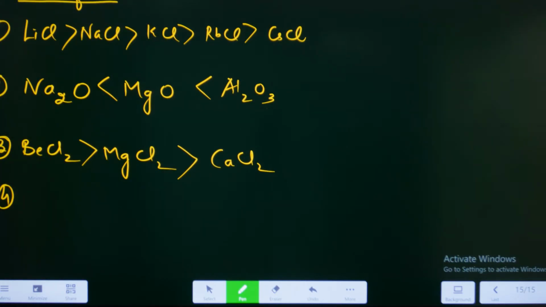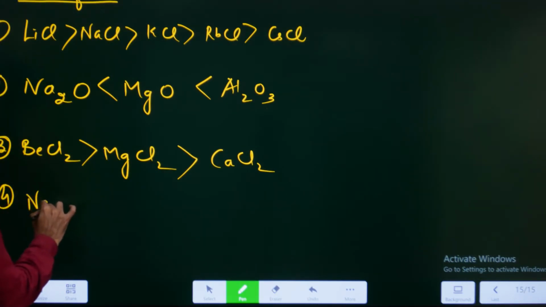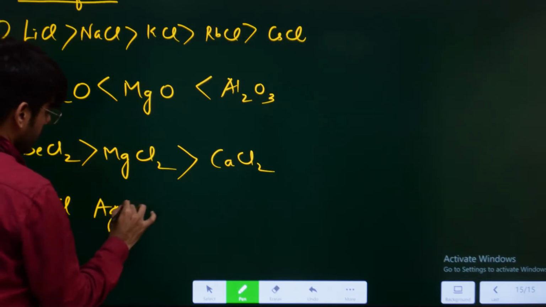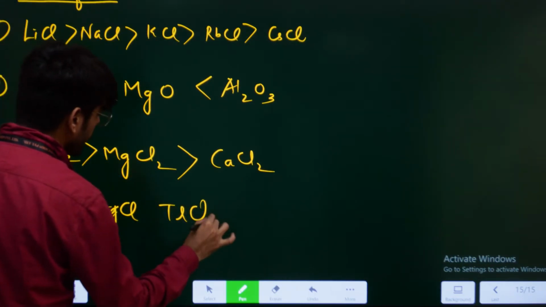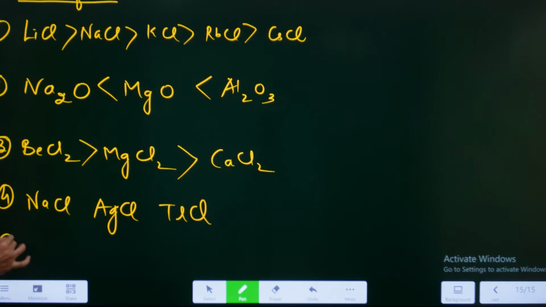Absolutely correct. Then if I have NaCl, AgCl, thallium chloride, tell me about this. TlCl. Tell me.